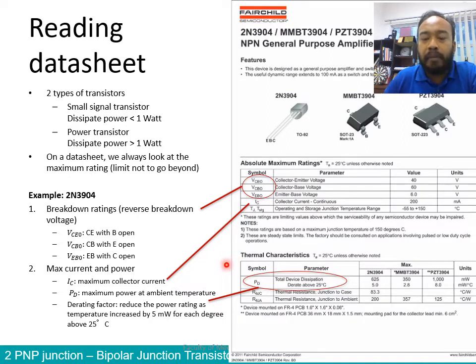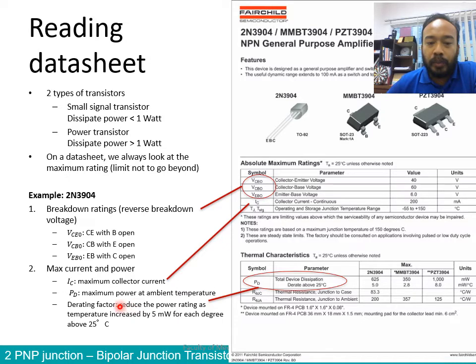In general, as the temperature rises, the performance of the junction will diminish. At the molecular level, when you have more thermal energy, there will be more intermolecular vibration. So the functioning of this PNP junction will be altered.